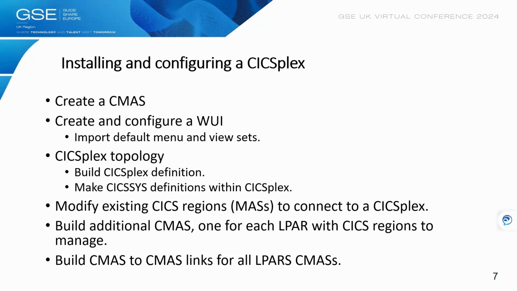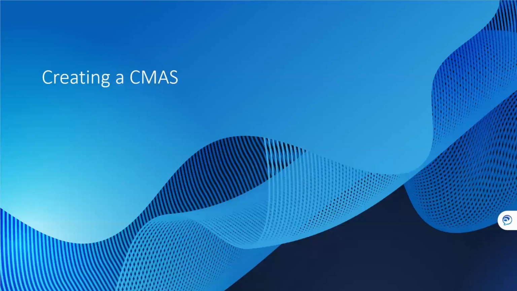You'd have to build additional CMASs if you have multiple LPARs, because you have to run a separate CMAS for each LPAR that has CICS regions on it, because it uses cross-memory services for communication. And then if you want to control multiple regions across LPARs, then you have to have connections between the CMASs. Now, it looks like a lot, but it's really not that hard to do. It's not that much work to get started.